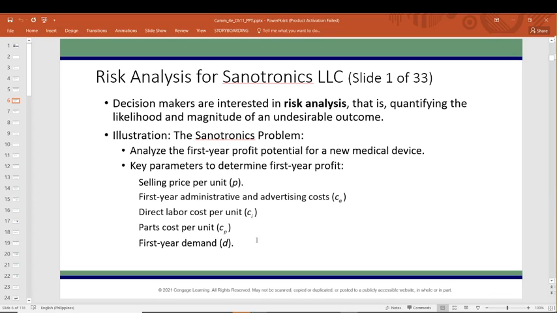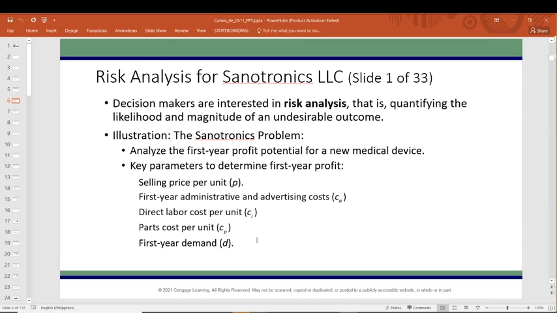So when making a decision in the presence of uncertainty, the decision maker should be interested not only in the average or expected outcome, but also in information regarding the range of possible outcomes. So we have the illustration of the Sonatronics problem. Sonatronics is a startup company that manufactures medical devices for use in hospital clinics.